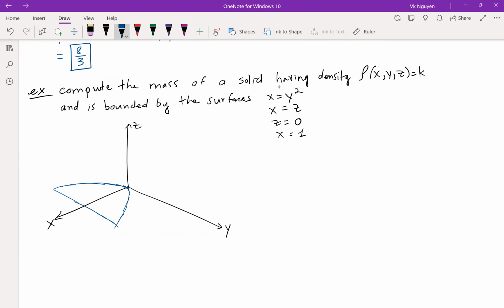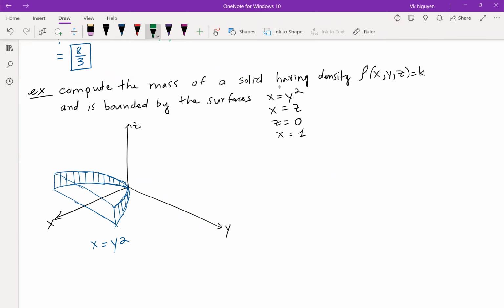This is the x equal y squared. And then it's going to get cut by the plane.